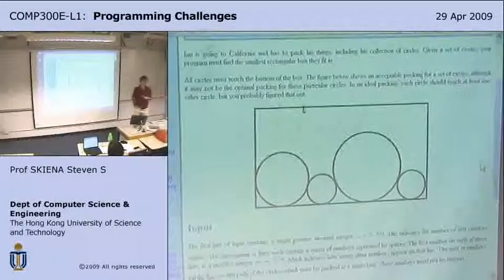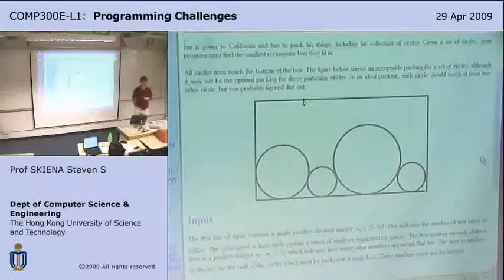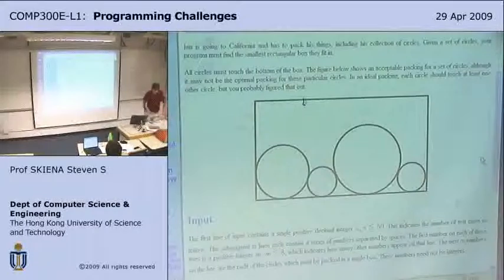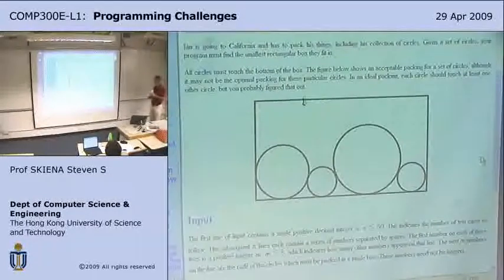How do we go about doing it? Any ideas? Try all the possible orders of the circles. Okay, so the first question is, suppose I give you the order of the circles. Can you figure out how narrow the box is?